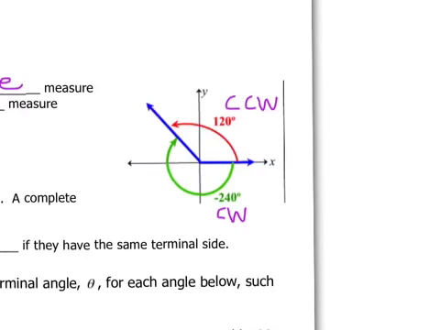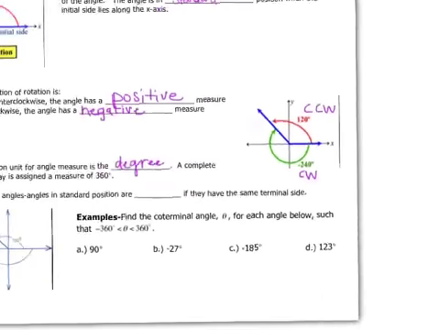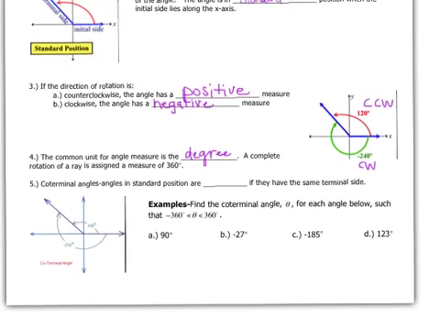Okay? Give me 1 second. These two angles are what we call coterminal angles, meaning they have the same terminal side. Okay, so once again, these two angles are what we would consider coterminal angles. They have the same terminal side. I think that's what I just said for number 5. Coterminal angles are angles in standard position.